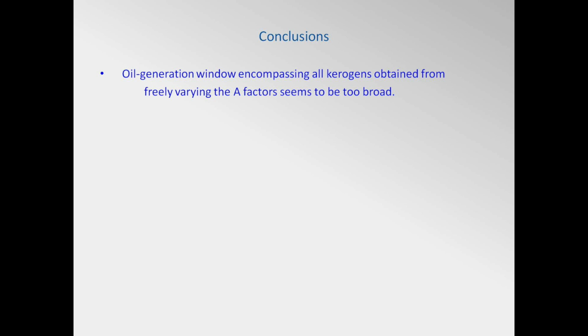First, the oil generation window that we obtain using all the kerogens where the A factors were allowed to vary freely seems to me to be too broad. Second, the oil generation windows we get using a constant A factor for all samples or allowing the A factor to vary over a relatively narrow range are much narrower than the windows with the freely varying A factors.